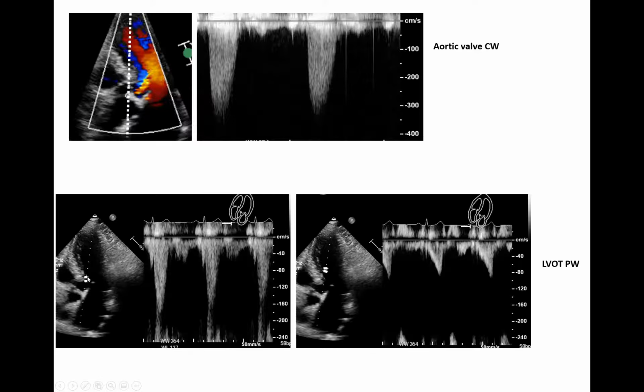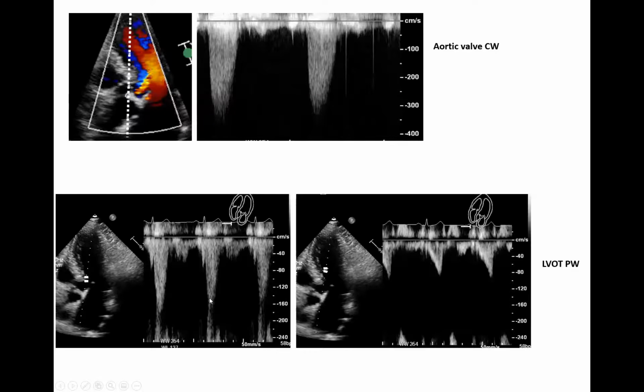The LVOT cursor should not be in the aliasing area of the aortic stenosis. You should be far from the aortic stenosis complex. They put their cursor around here to get 1.6. You should put your cursor away from the aliasing. This is not LVOT velocity. This is part of the aortic stenosis complex.